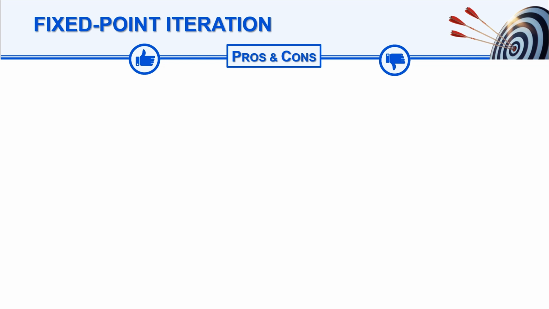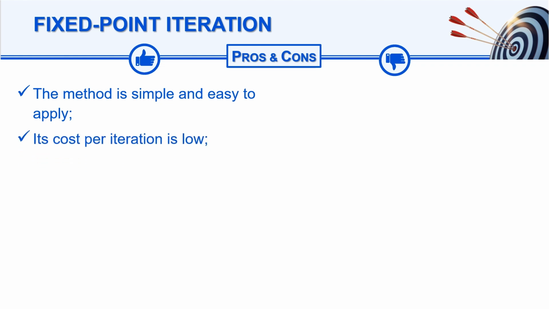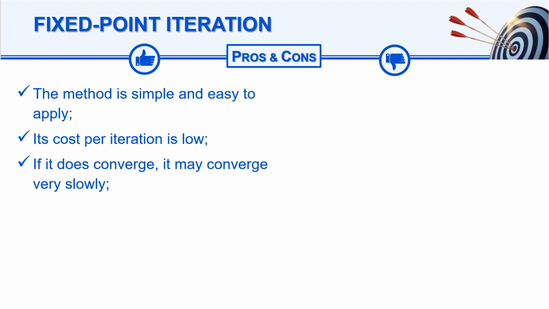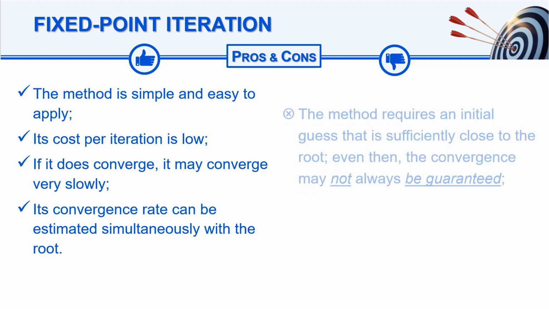The advantages of the fixed point iteration method are: the method is simple and easy to apply. Its cost per iteration is low. Its convergence rate can be estimated simultaneously with the root. The disadvantages are: if it does converge, it may converge very slowly.